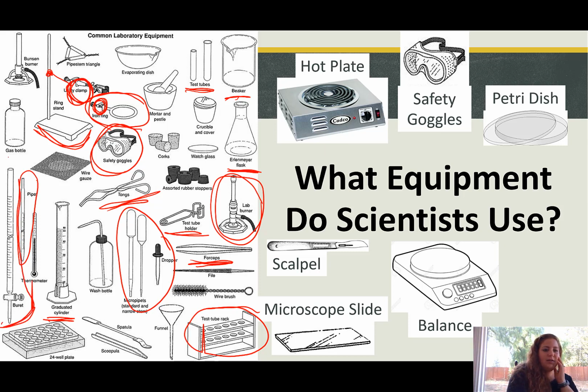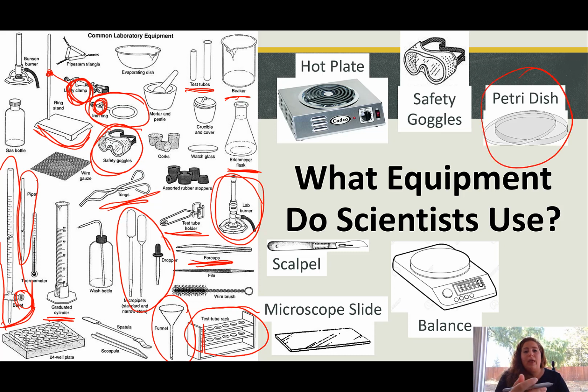This thing here is kind of like a pipette, except it holds a lot of liquid, and I can use this little valve at the bottom to open or close it and get liquid dispensed into another container. I use a funnel to move things from one beaker to another or one flask to another and not make a mess.